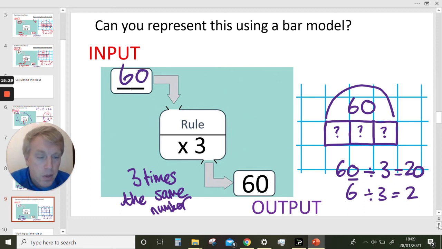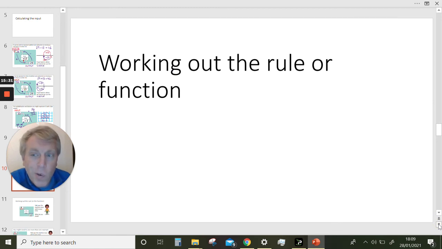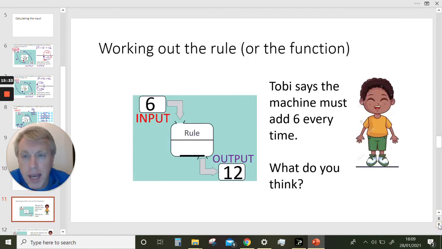Okay. Well, there's also a kind of puzzle here where we don't know what the rule is. We only know the input and output. So the input on this machine is 6. The output is 12. And here's Toby. Good old Toby. He looks cheerful. He says, 6?